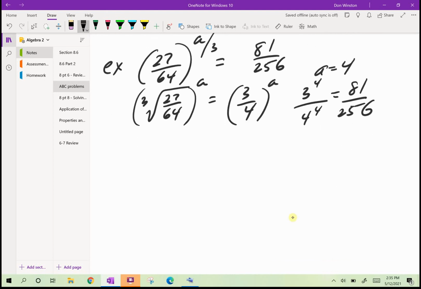Another example here. Let's say here I have 25 over 36, all raised to the A over 2, and that's going to equal 125 over 216.